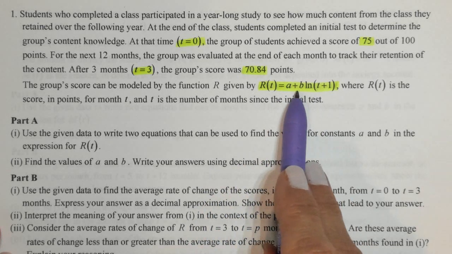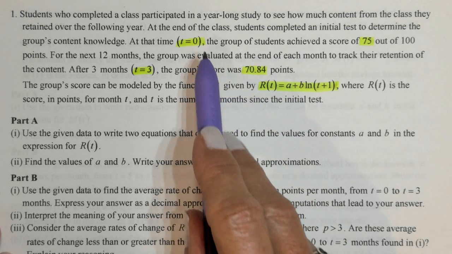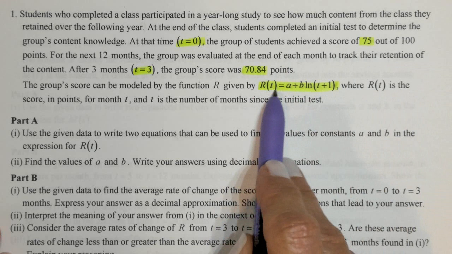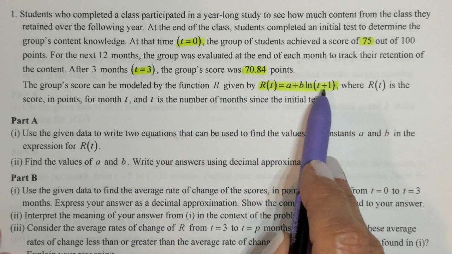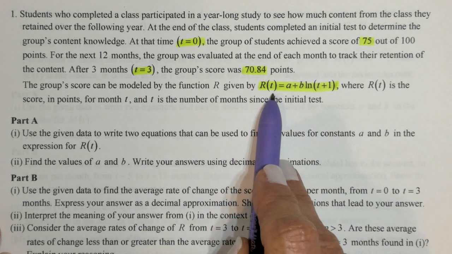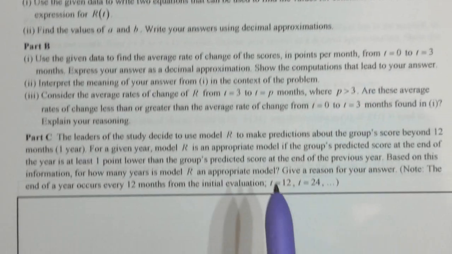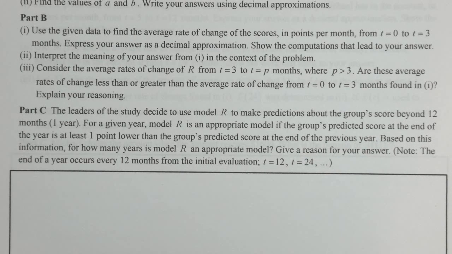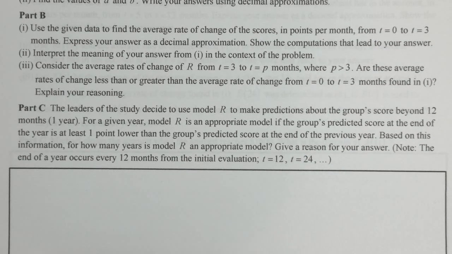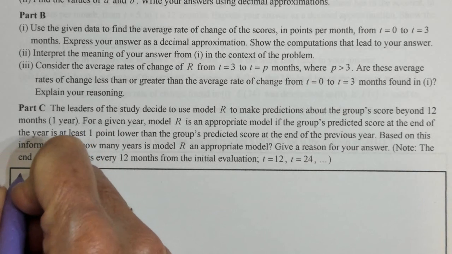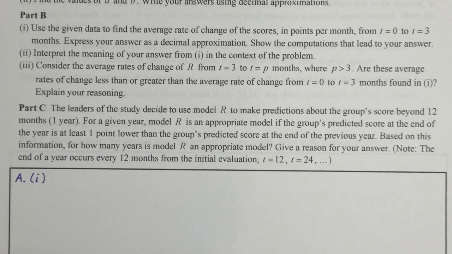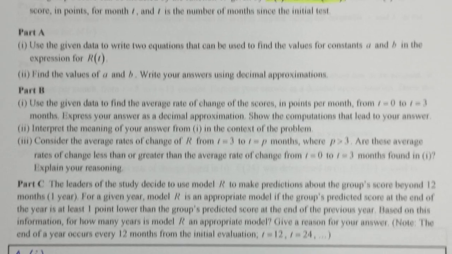So I'm going to write 2 equations. One of them is going to have time 0, using the 75 for the score, and one of them is going to have time 3, using the 70.84 for the score. So down here, you guys will have a separate booklet to write your answers in. I don't have a separate booklet for you. I do have a separate box for you. Okay? So Part 1 of Part A is just to write the 2 equations.